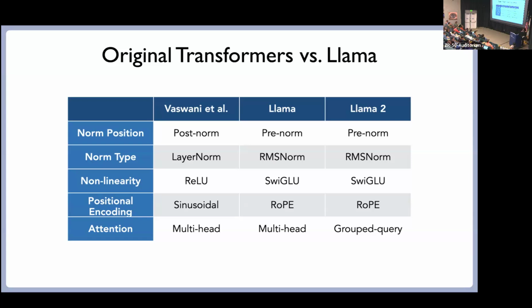For norm type, they converge to RMS norm. For non-linearity in the feed-forward network, instead of ReLU, they're using something called SwiGLU. For positional encoding, they're using RoPE, the rotary positional encoding. And for attention, Llama 1 was still using multi-head attention, and Llama 2 is using group query attention.